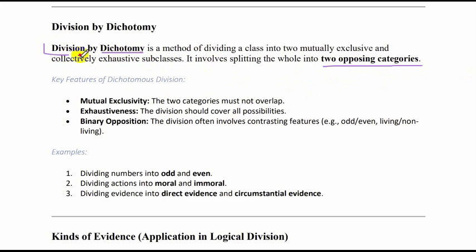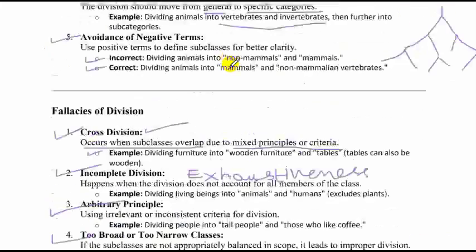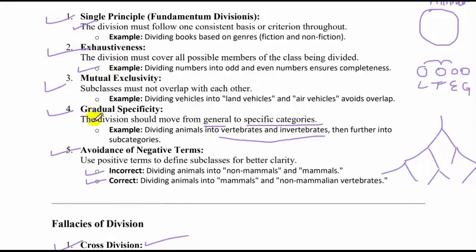Let us recap this division by dichotomy because this is one of the topics of Mumbai University in elementary logic. It is a method of dividing a class into two mutually exclusive. What was exclusive in this? Exclusive means it excludes or includes everything.